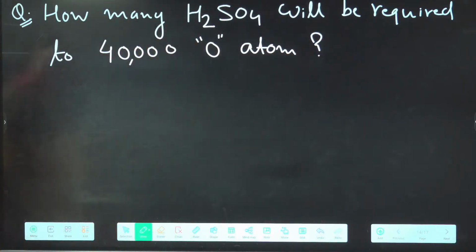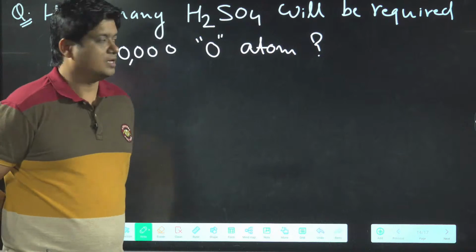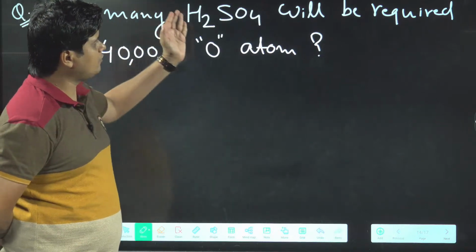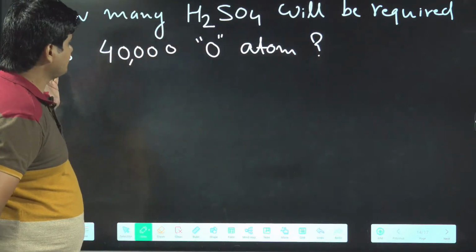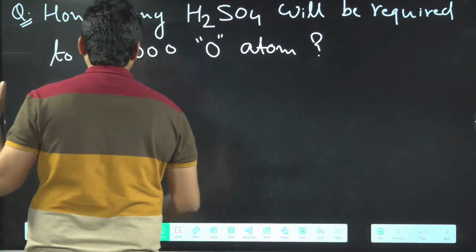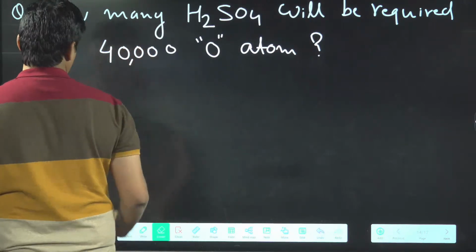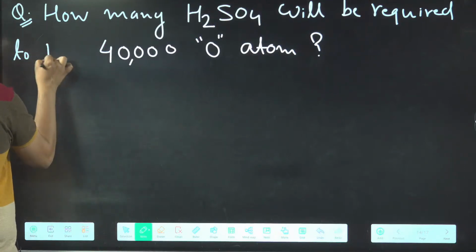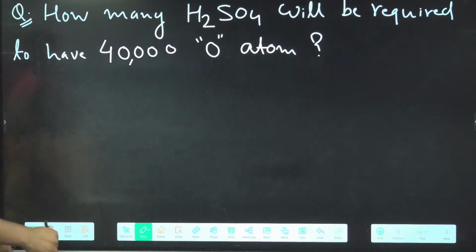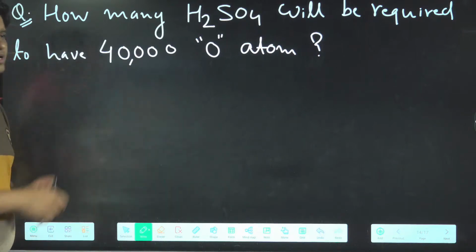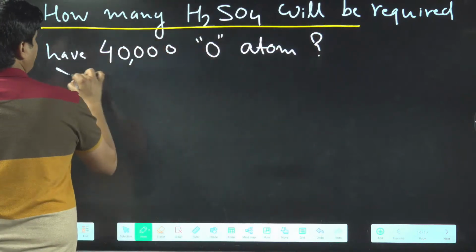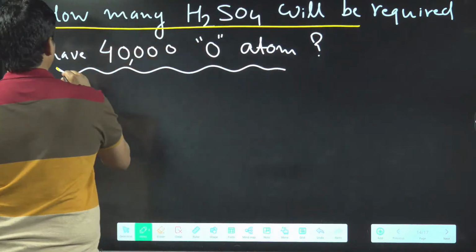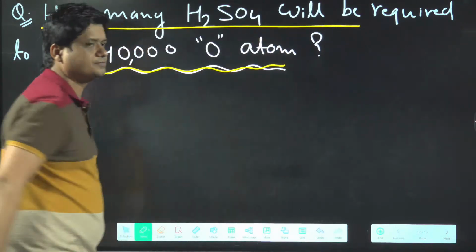Now in this question they are asking about H2SO4. What is the question? How many H2SO4 will be required to have 40,000 oxygen atoms? So divide this question in two parts. One is how many H2SO4 will be required, and the other is to have 40,000 oxygen atoms. I have divided the question in two parts.